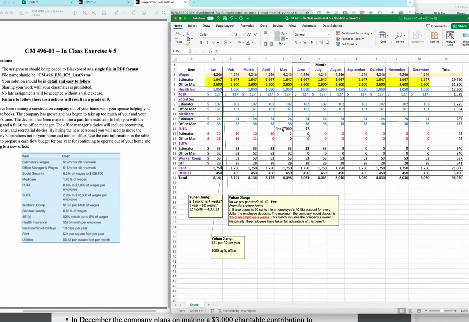So this number in total will be 40. It's 12 months. The total number will be 42. So you have this one 10, 10, 10, 10 is already 40. So this number will be 42.